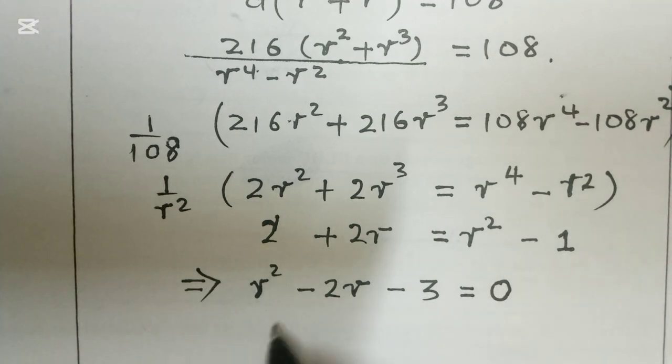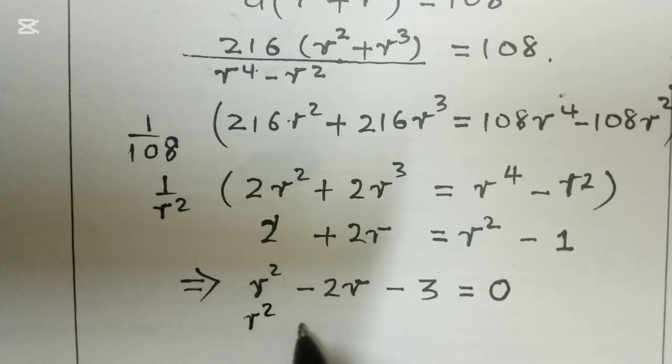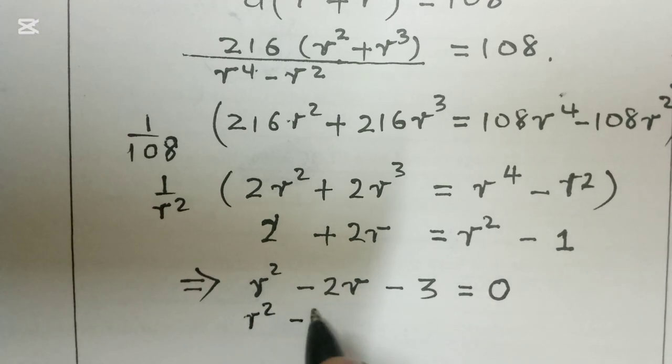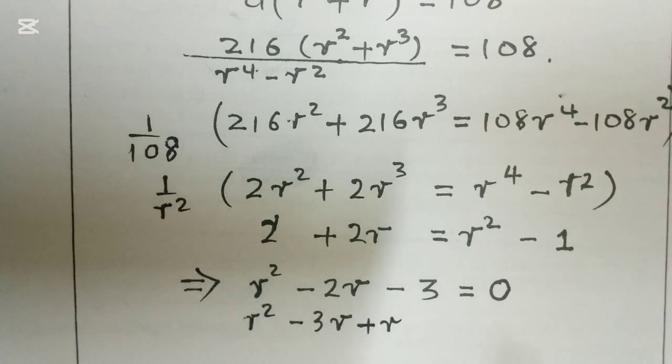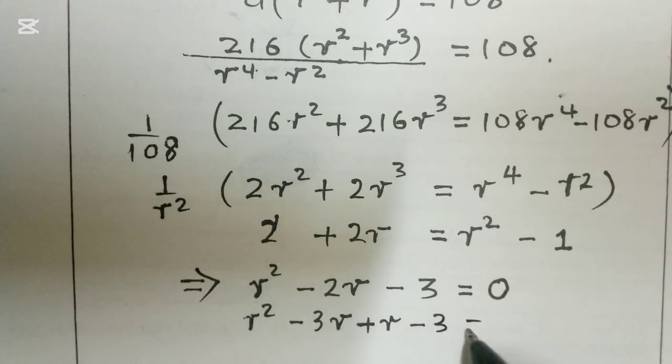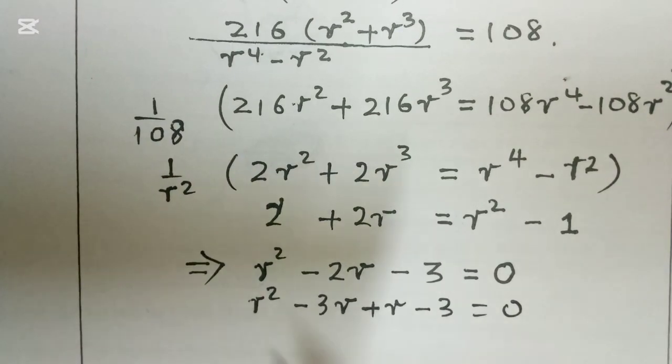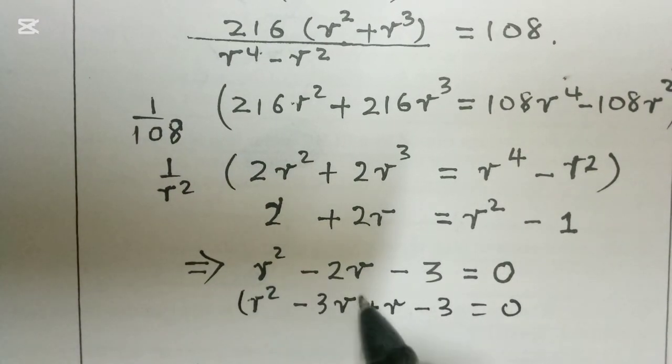So we shall say r squared minus 3r plus r, that gives us negative 2, and then minus 3 equals 0. So you can now divide it into 2, like that.